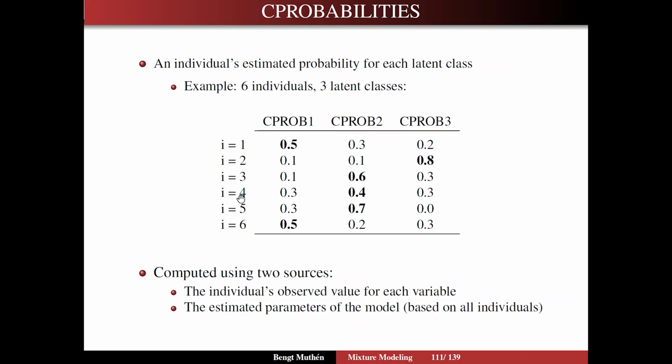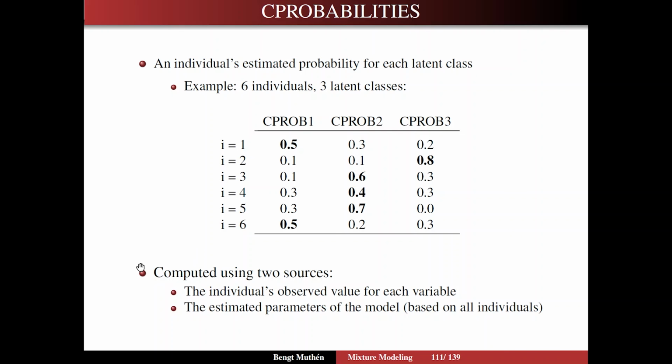Contrast that with individual 4, where the highest probability is 0.4, and the other classes are fairly close to that 0.4. So not a very clear representation of the individual's class membership. For some reason, the responses for individual 4 do not put him or her into a class very clearly. That gives you more information about your measurement instrument for each individual.